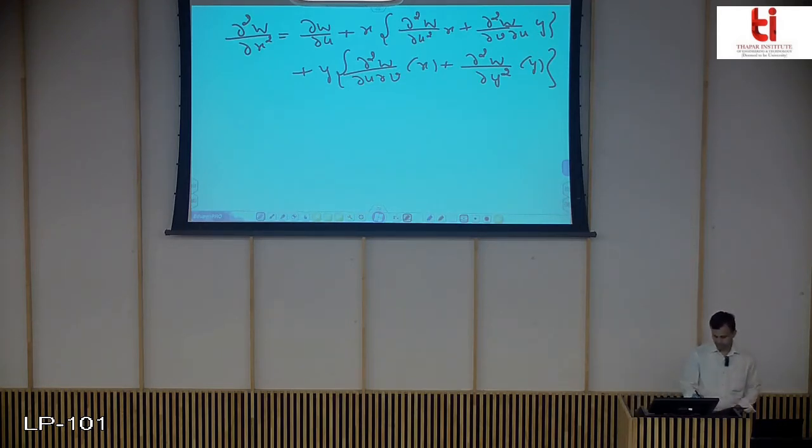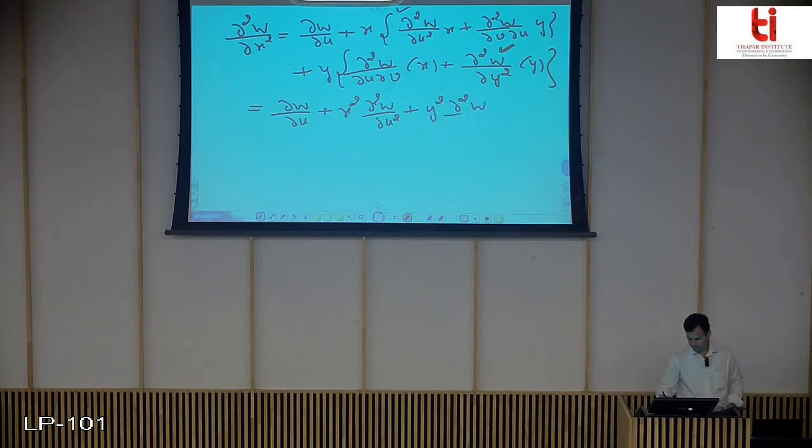So now you can see here del w by del u. I'm writing here x square from here, del square w del u square. I'm collecting this term plus y square del square w del y square, and now I'm collecting these two terms here and here. So I'm writing it as your 2xy del square w del u del v.